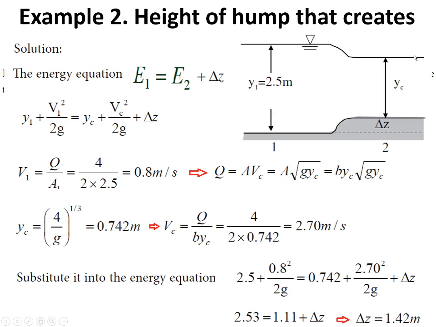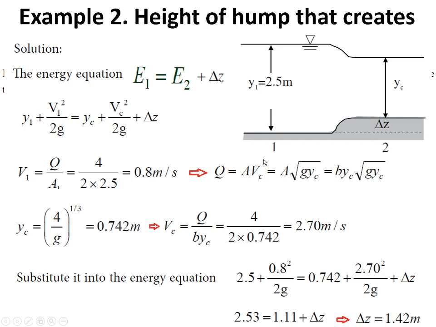And I know that the flow surface area equals yc times b, the area of the rectangle at position 2. B is 2, yc from here is 0.74, and again vc, the critical velocity, would be 2.7. You can check at home also. This formula must give us 2.7 as the critical velocity here.